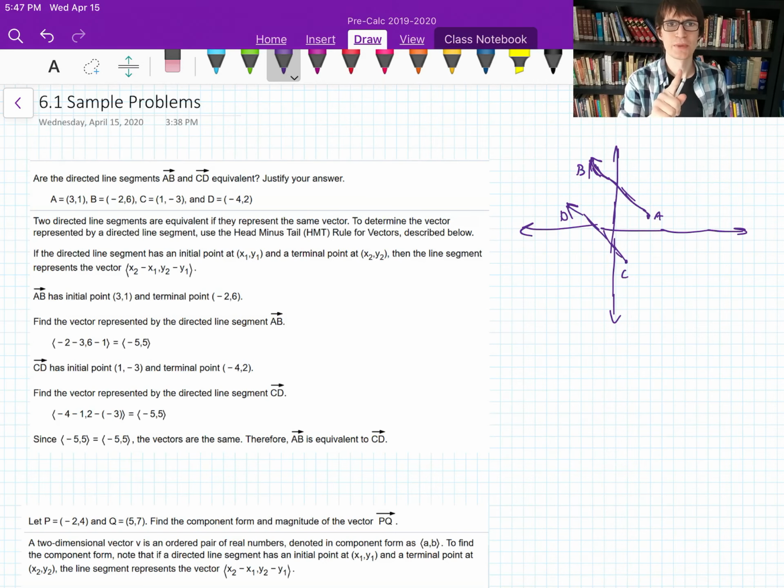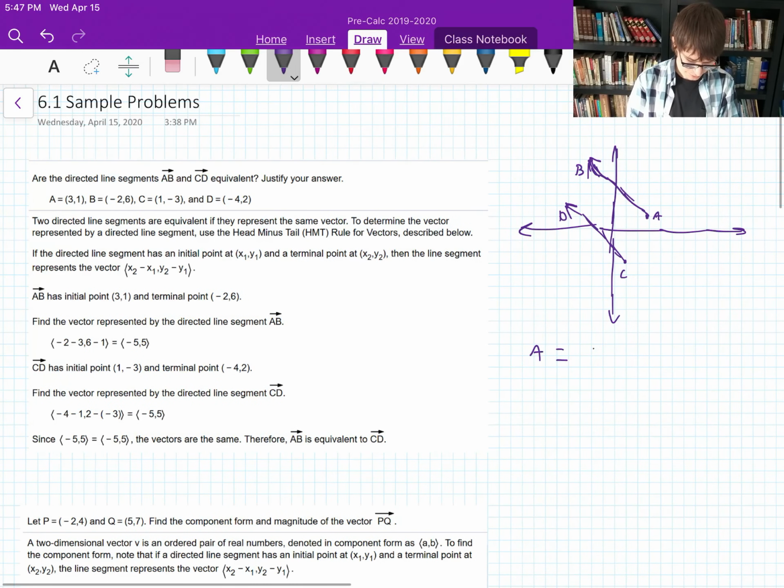And here's a rigorous way to confirm it. I'm going to add some sort of number to the x values of A and B to see if I can get the x values in C and D. So here's one thing I can do. I know that A equals 3, 1, and B equals negative 2, 6.